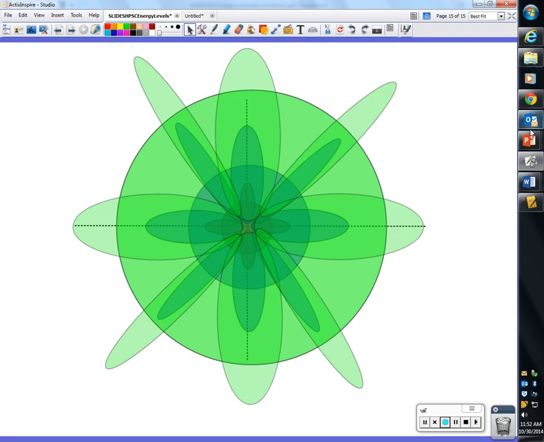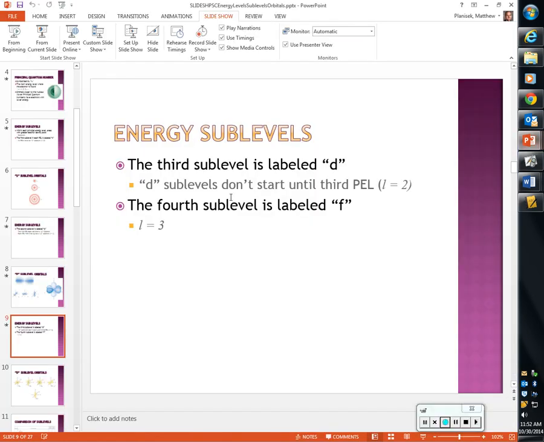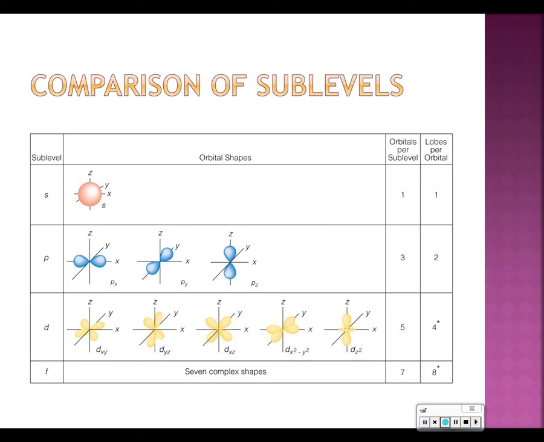All right. To summarize all of this, we have this chart, which I believe you have at the bottom of page 2 of your outline. Is that correct? This chart shows us, first, the general shape of the different orbitals in each sublevel. S orbitals are all spheres.